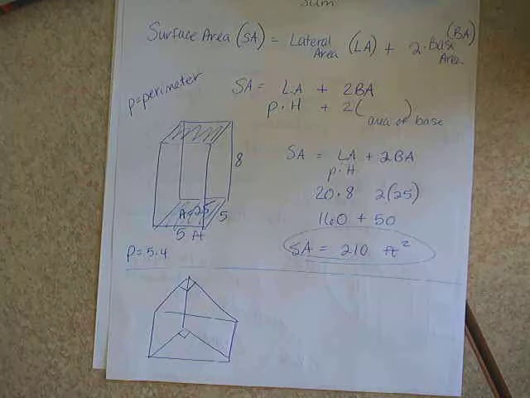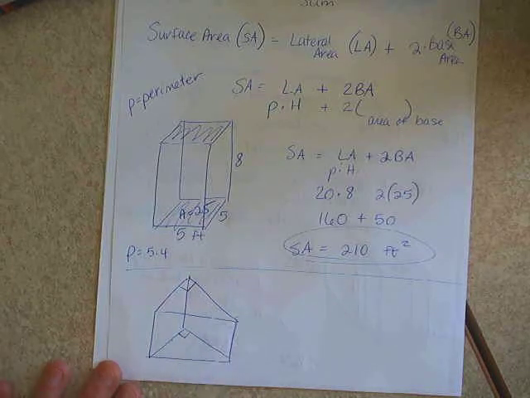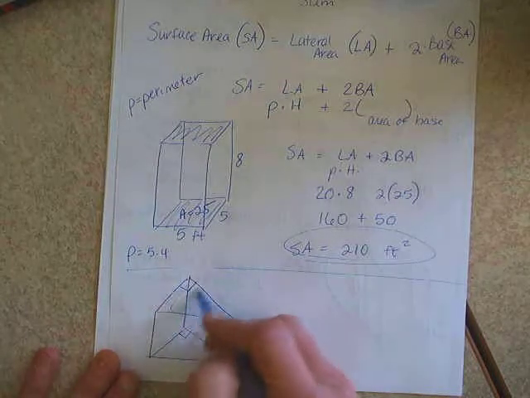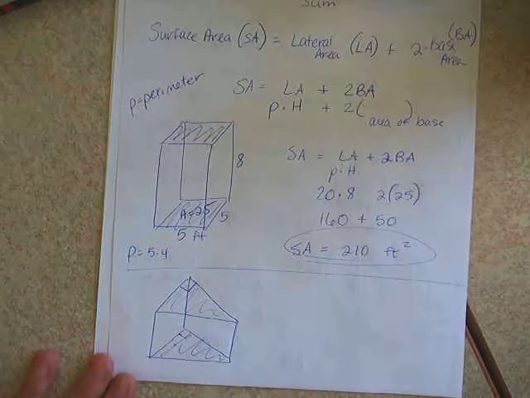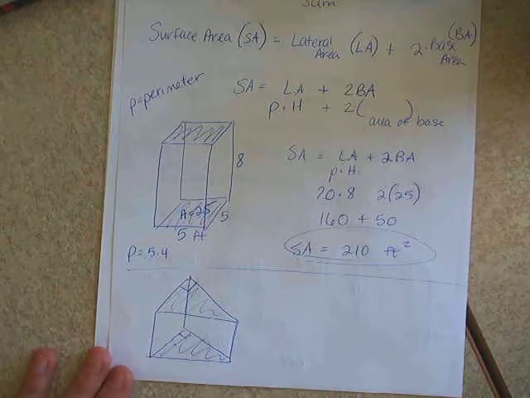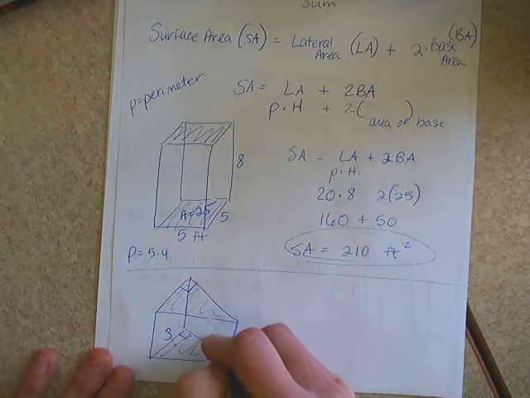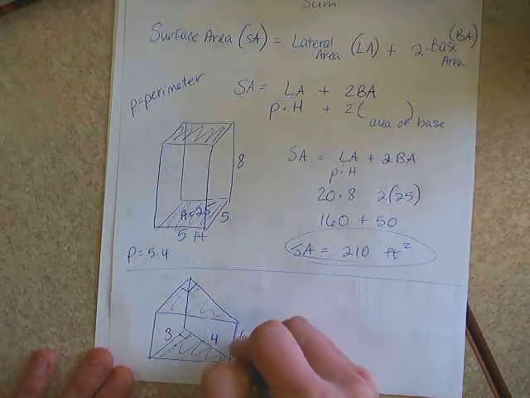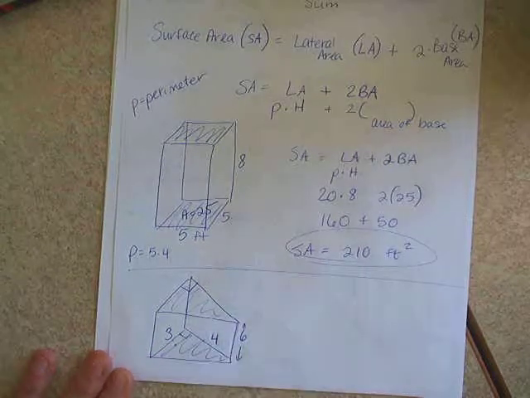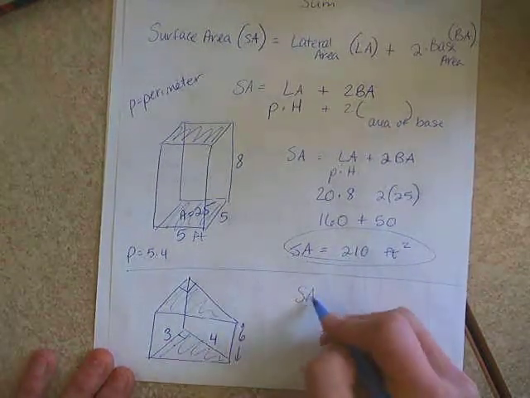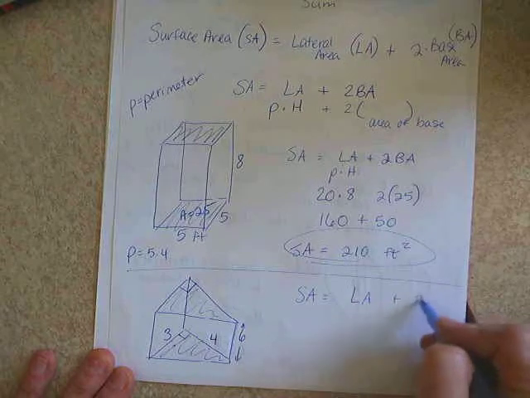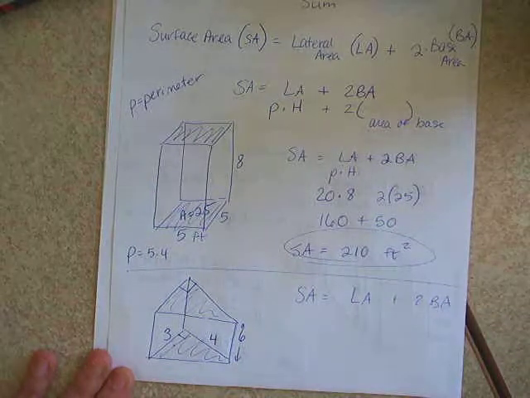And then connect those. You see it? What are my bases? What shape? The triangles, because the rectangles are not parallel at all. So that's a base, that's a base.